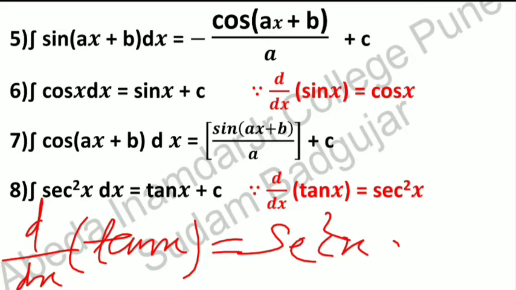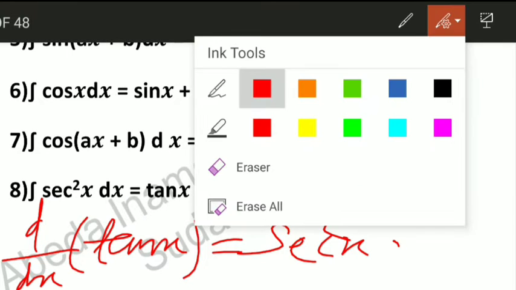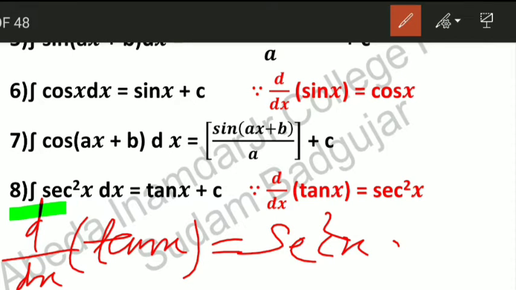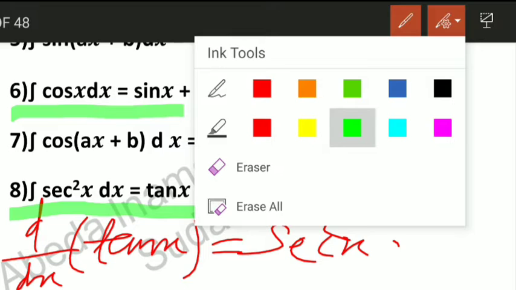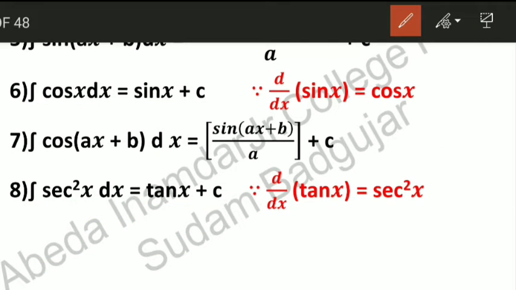You have to get these standard formulas, whether the integration of sec square x, cos x or sin x, from the standard formulas of derivatives. So, the integration of sec square x is equal to tan x plus c.